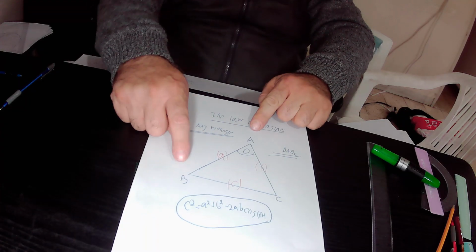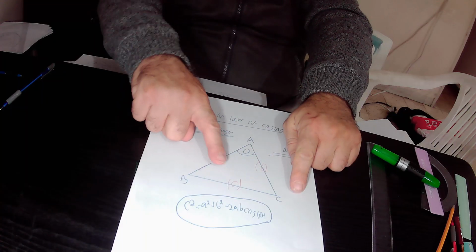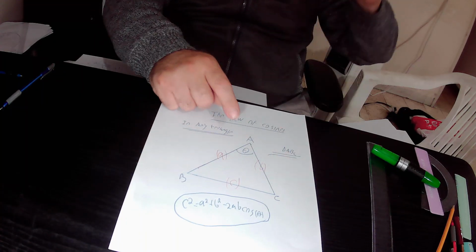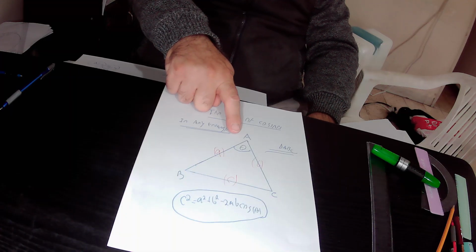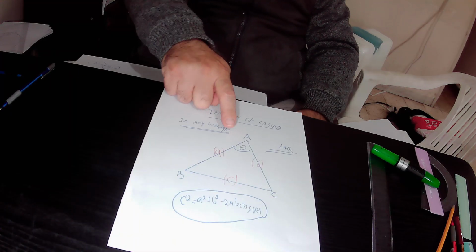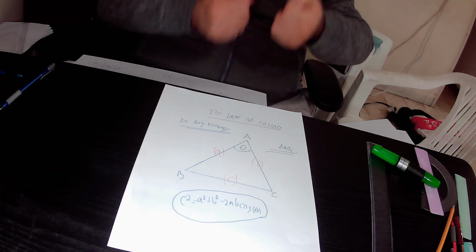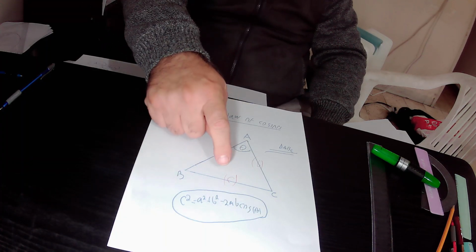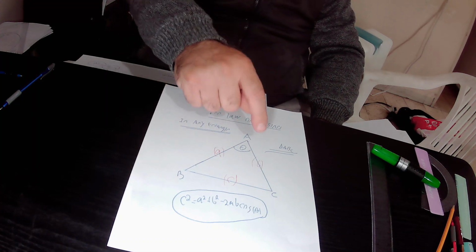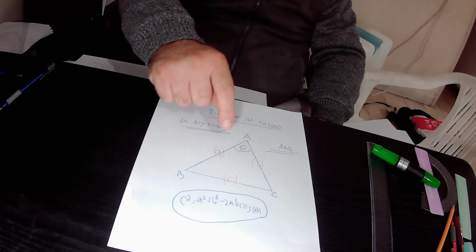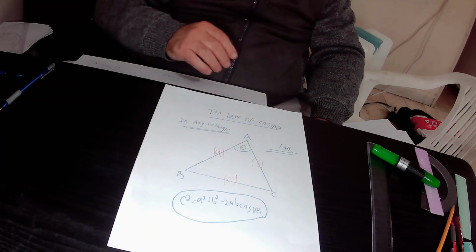The length of side AB is A units, side BC equals 3 units in its length, side AC equals B units in its length. This is angle BAC, that equals 30 degrees in its size. According to the law of cosines, the following equation is true: C squared equals A squared plus B squared minus 2 times A times B times cosine theta.